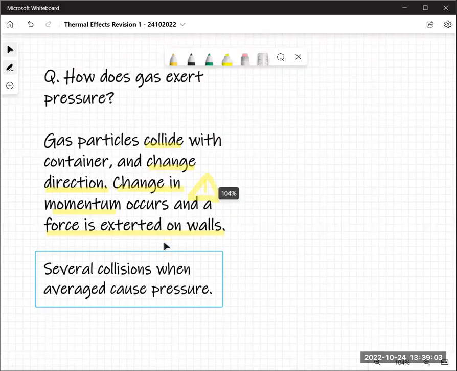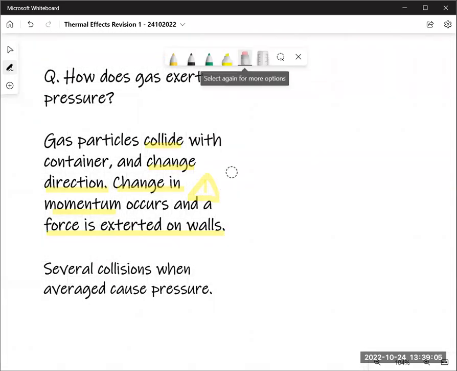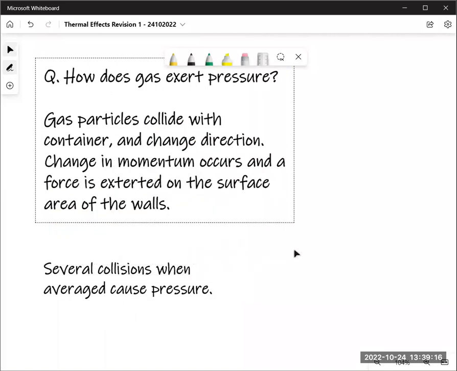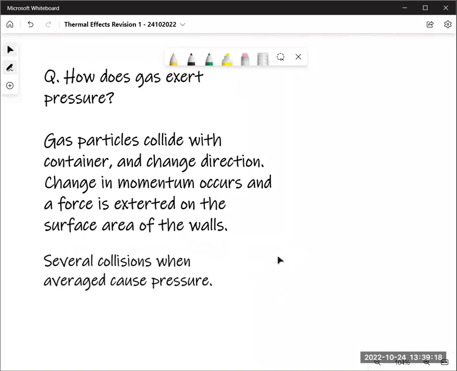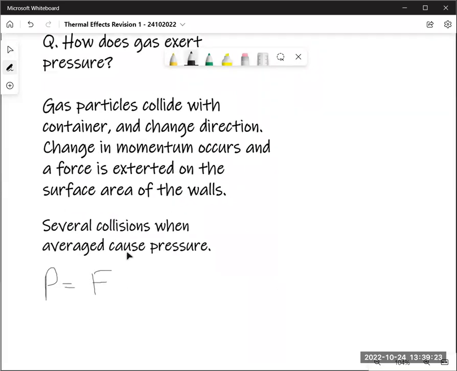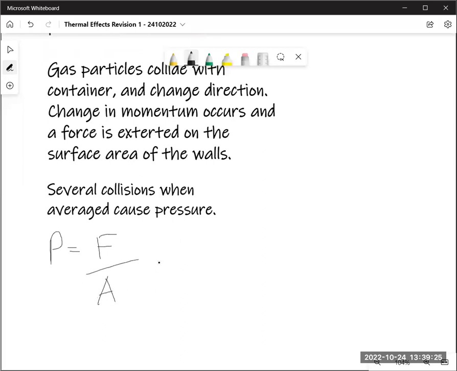Are there any questions? No, sir. I want you to add one thing. A force is exerted on the surface area of the walls. Then the next thing you just have to do is give an equation here, which is P is equal to force over area. Pressure is force over area.